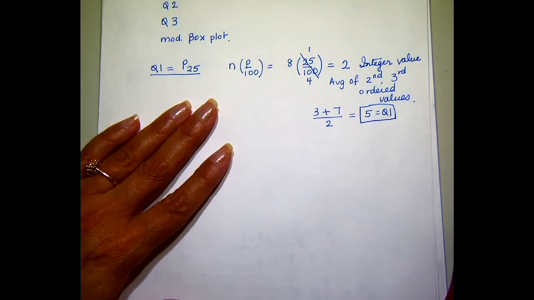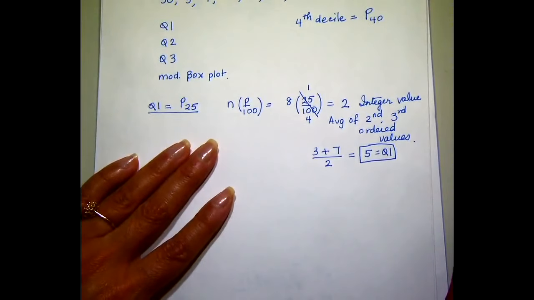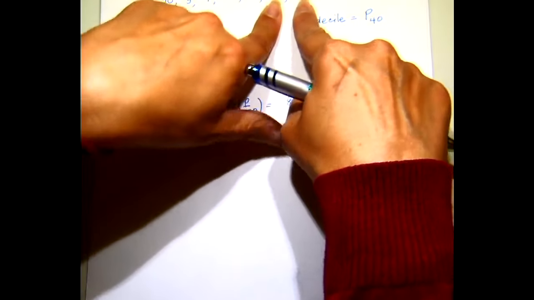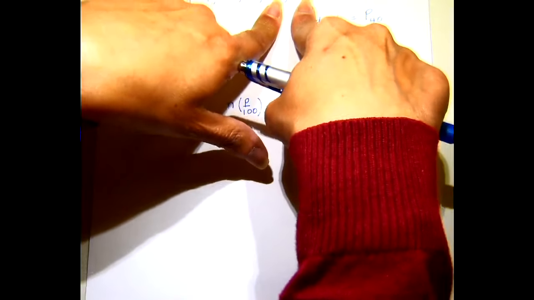So because Q1 is the average of the second and third from the left-hand side, Q3 will be the average of the second and third from the end of the data set, right?